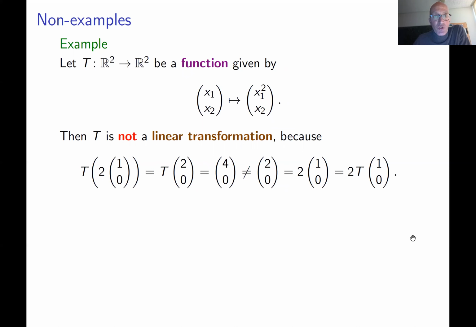Here is one non-example. You take a map from the plane to the plane, given by this formula: (x1, x2) is mapped to x1 squared, x2. Okay, here, this square should make us suspicious that this is not a linear transformation. And of course it is not. Why?